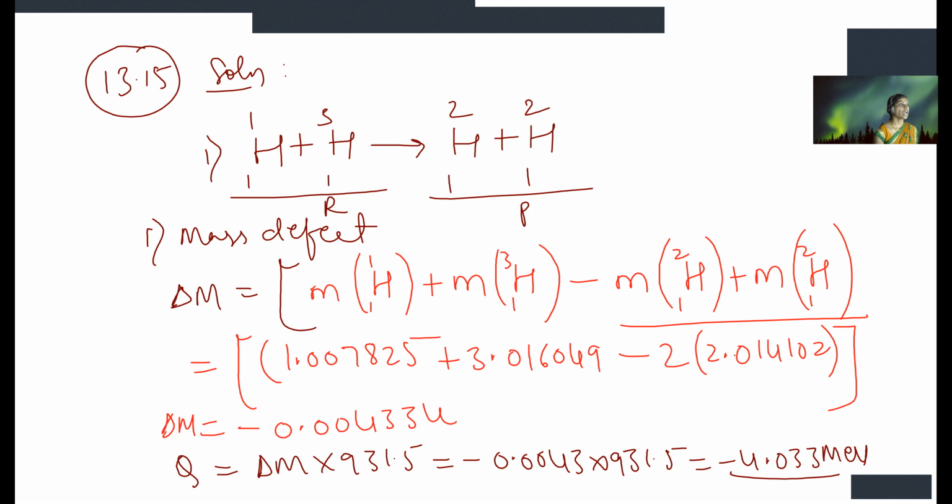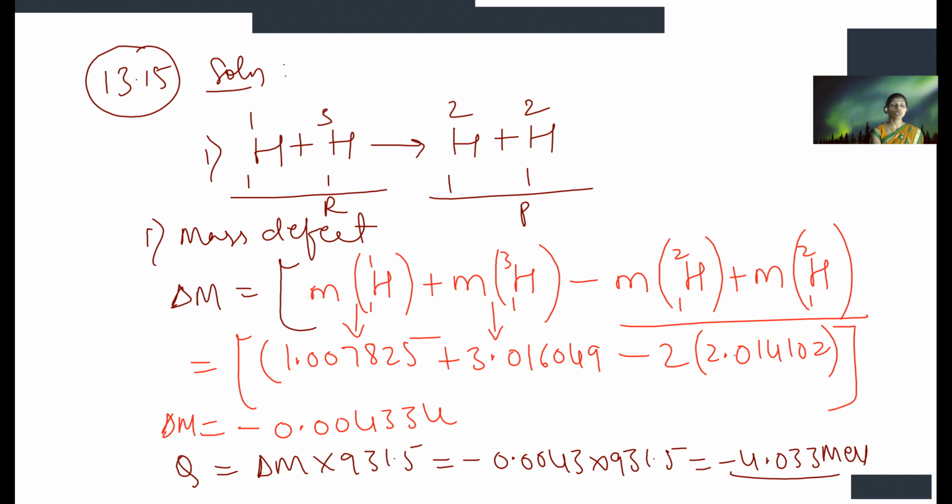It is like a reactant, minus mass of hydrogen having mass number 2 plus mass of hydrogen having mass number 2. Just substitute the value. So mass of hydrogen having mass number 1 is 1.007825. And for hydrogen having mass number 3, it is 3.016049, minus is kept as it is.